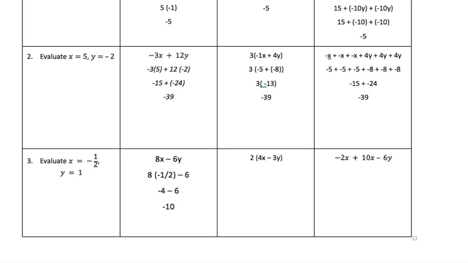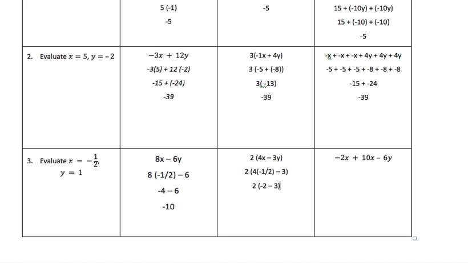Doing our next version of the expression, 2 times 4 times x, 4 times x, which is negative 1/2, minus 3 times y, and y is 1, so minus 3. Working from the inside out, we need to multiply 4 times negative 1/2, which is negative 2, minus 3.